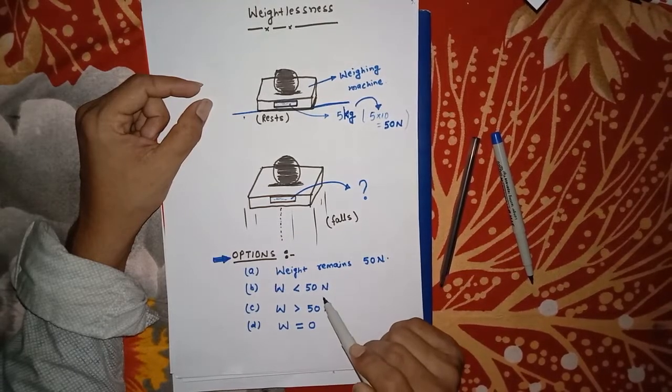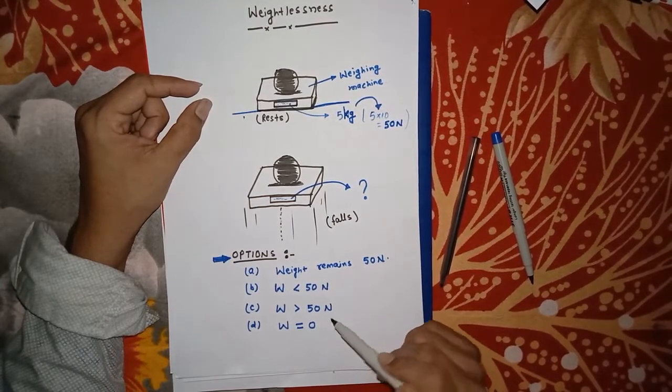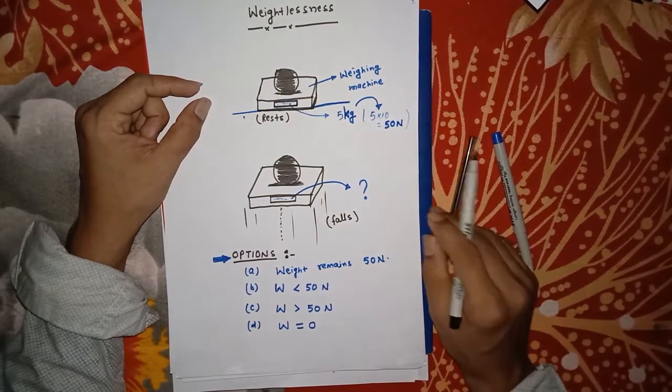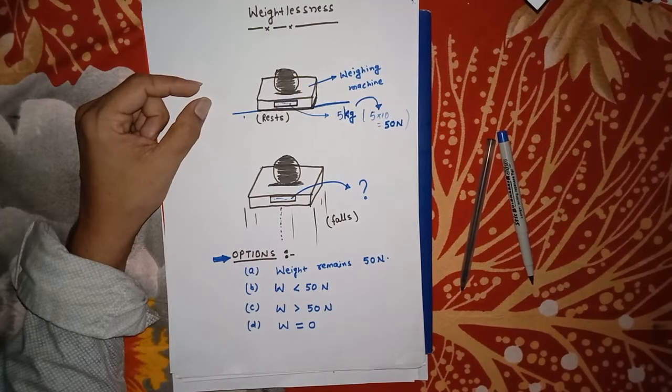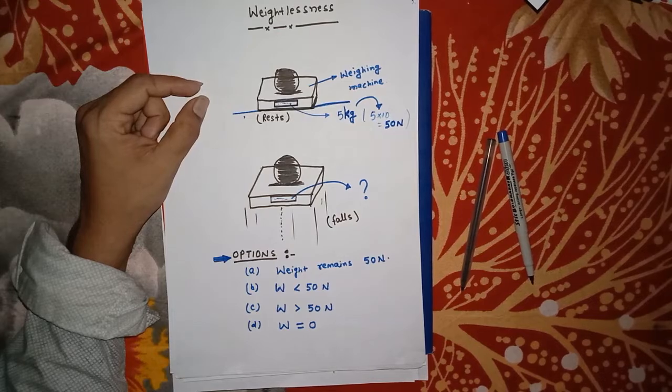Is it less than 50 Newton or greater than 50 Newton, or does it weigh no weight at all? What is your answer? Can you think? Can you observe? If you can think, you can understand on which factor weight depends. Surely weight reduces. And in this case, weight becomes 0, and the cabbage has no weight at all.